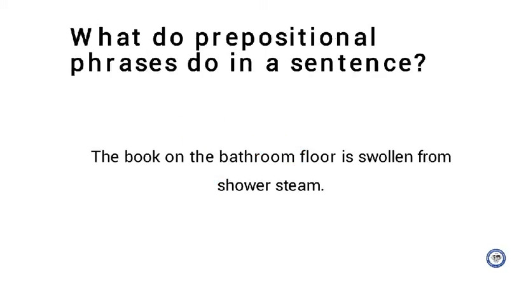So, what do prepositional phrases do in a sentence? If you look at this example, the book on the bathroom floor is falling from shower steam. Now, the prepositional phrase on the bathroom floor tells more about the book.